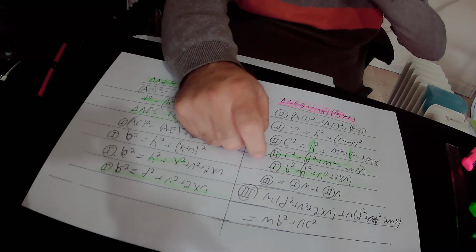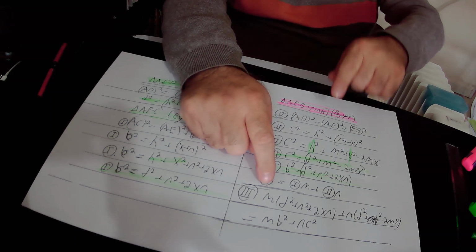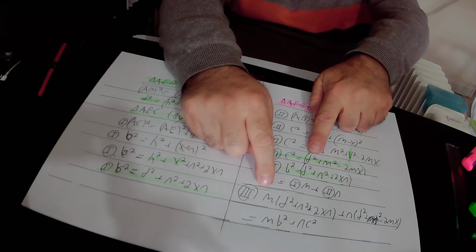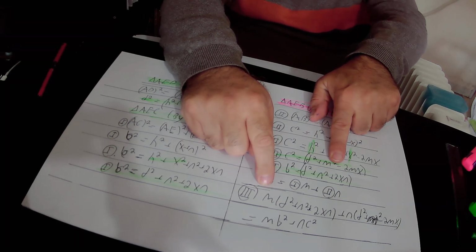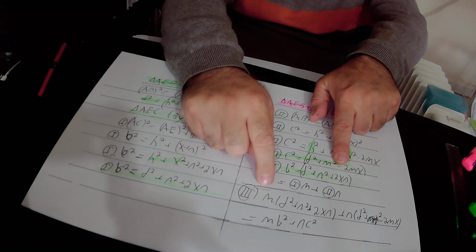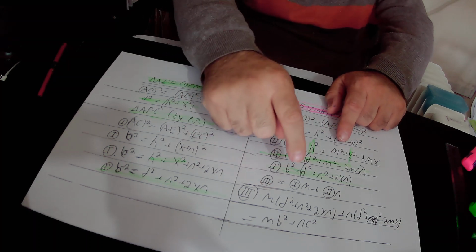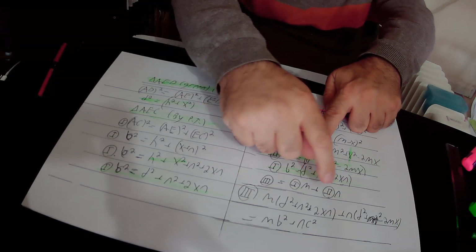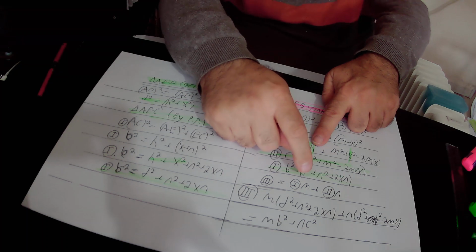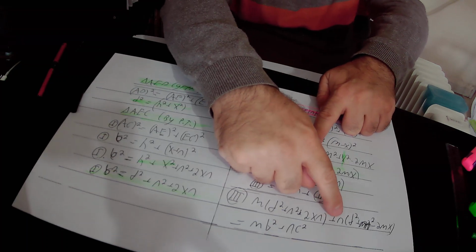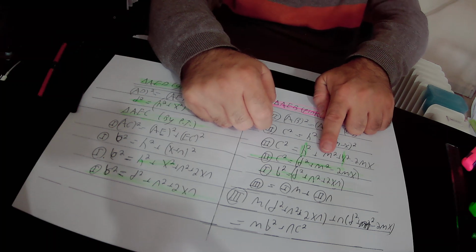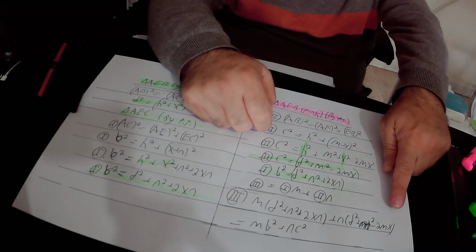So here we have equation number 3. M times the right side of equation number 1, which is D squared plus N squared plus 2XN, so it is M times D squared plus N squared plus 2 times XN, plus the multiplication of the right side of equation number 2 by N. So inside the brackets we have D squared plus M squared minus 2 times MX.